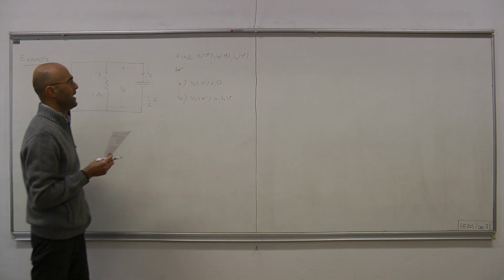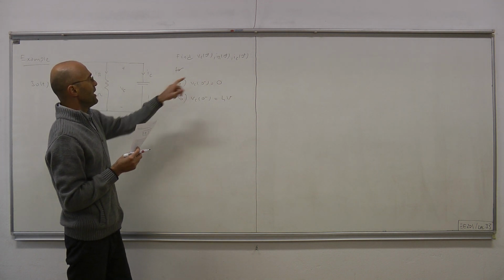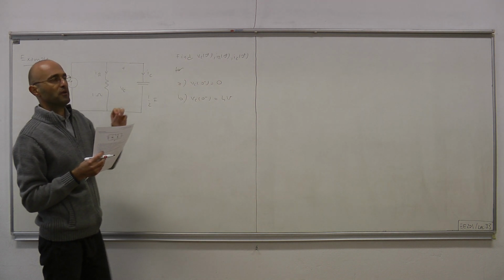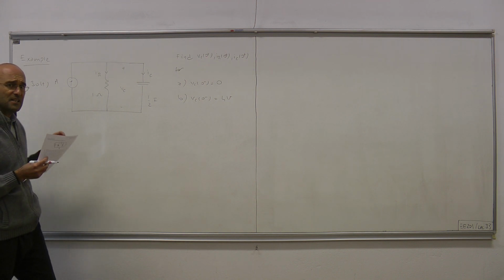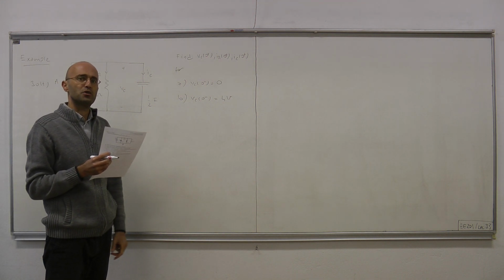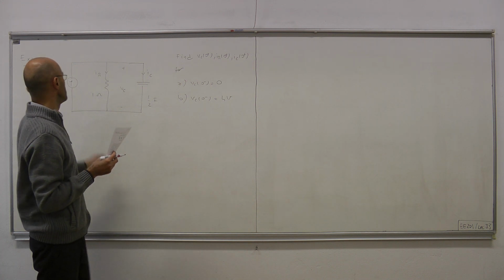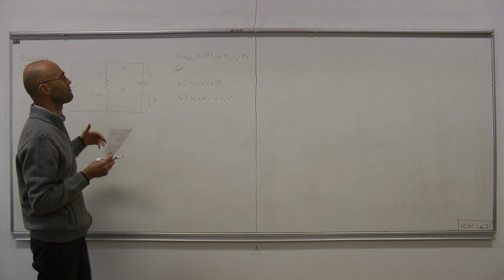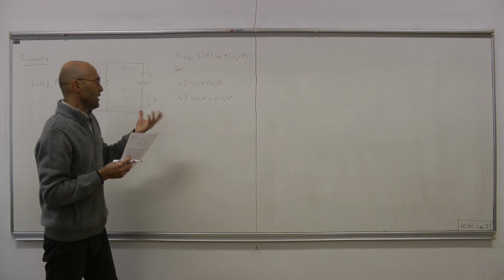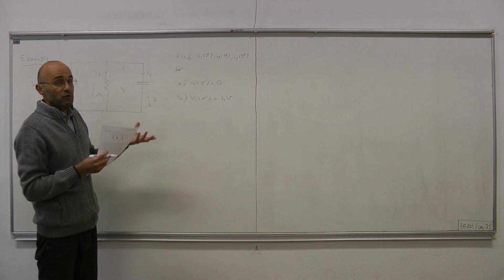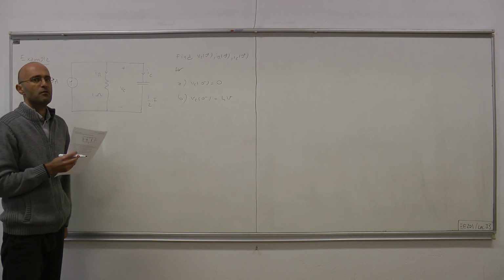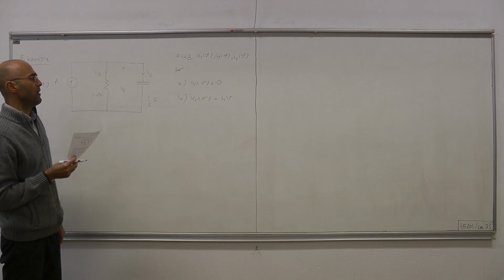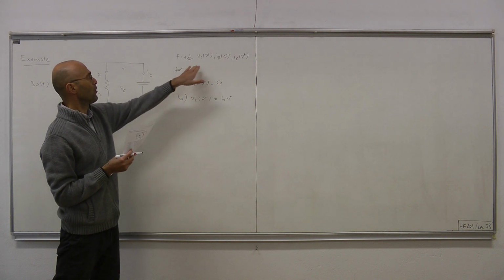The reason that the time t equals 0 is important is because this source is discontinuous at t equals 0, and because of the discontinuity of the source, certain quantities could be discontinuous, and we're going to figure out whether that's the case.